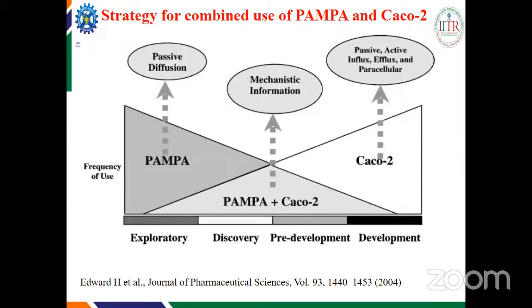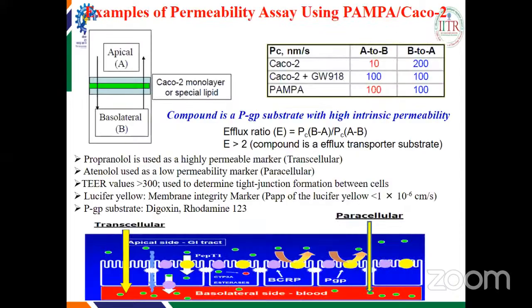So if you want to have a mechanistic understanding of your molecule, whether it is passively absorbed, whether it is actively absorbed, whether it is absorbed by both active as well as passive processes, whether any influx transporters or efflux transporters are playing any role in the molecule's absorption, by having these two data sets, we can always interpret the data in terms of the molecule's permeability.